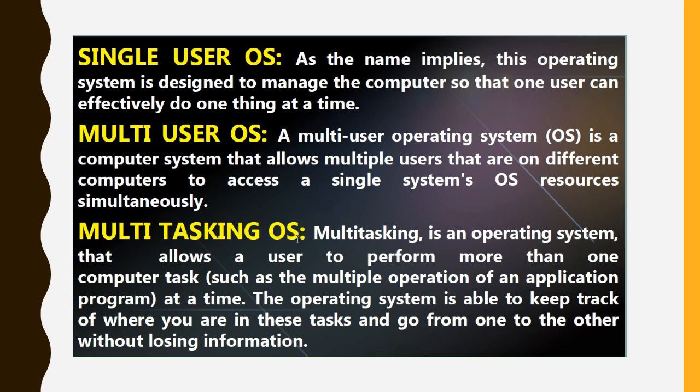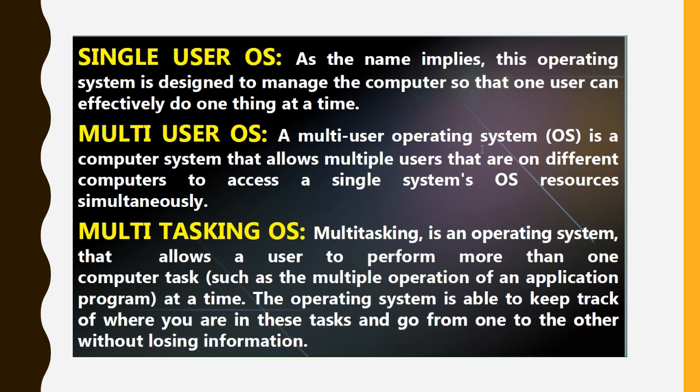Next, multitasking operating system. Multitasking means what? Multitasking is an operating system that allows a user to perform more than one computer task. Okay, at a time we can perform more tasks in one computer. Don't confuse between these two, multi-user and multitasking. What do you mean by multi-user operating system?